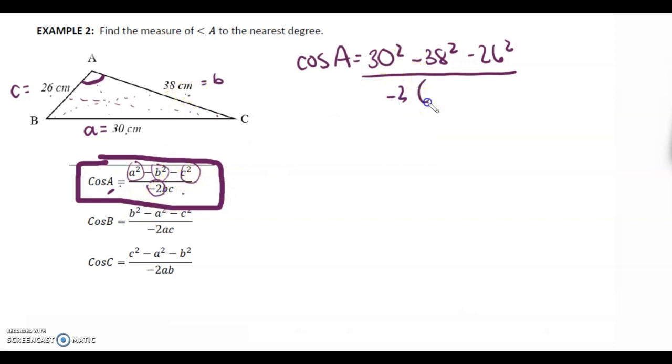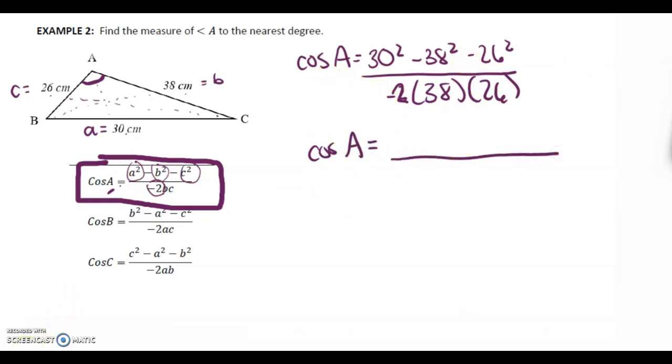So B again is 38. Oops. C is 26. And make this a little bit nicer. 38, there we go, 26. Okay, so let's go ahead and expand the numerator.